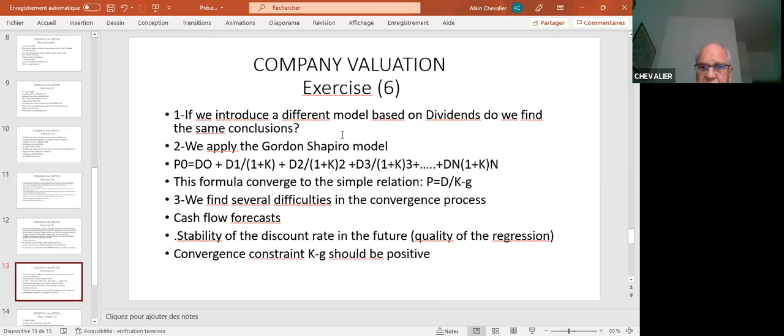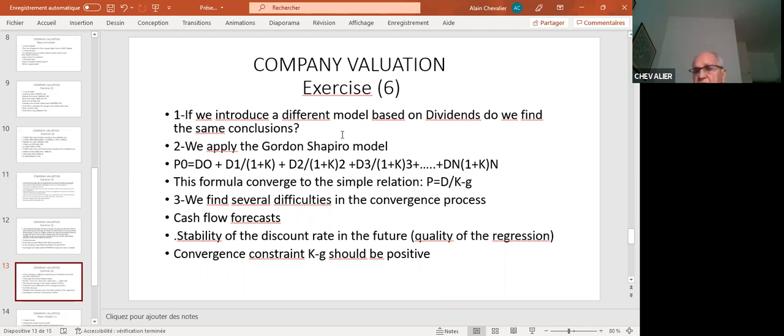And G can be calculated using the regression process I tried to explain just before. That means if you, in that kind of simple formula, if you know the value of 3 of these variables or parameters, you calculate easily the fourth one, the last one.